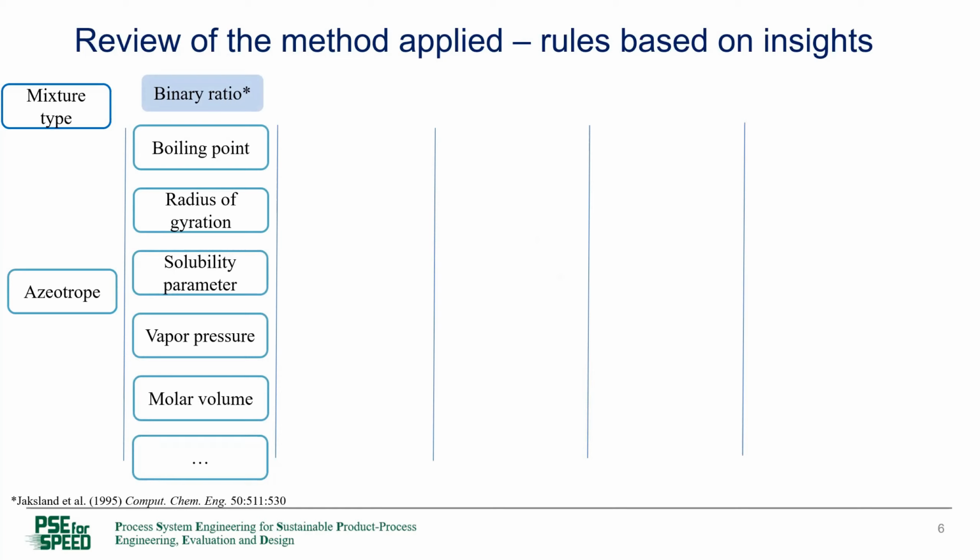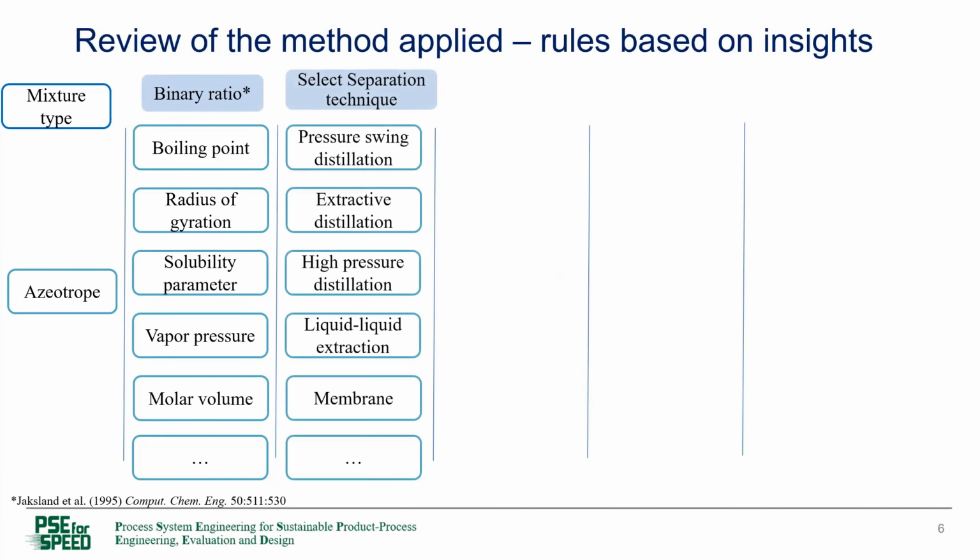If there are 4 compounds, then there are 6 binary pairs. If there are 5 compounds, there are 10 binary pairs, and so on. So we can find out how many binary pairs are there, and for each binary pair, we can extract the pure compound property of the compounds and look at the ratio of the properties.